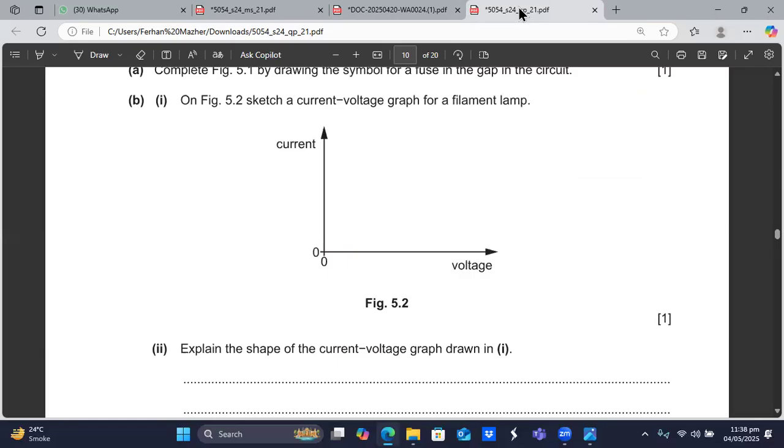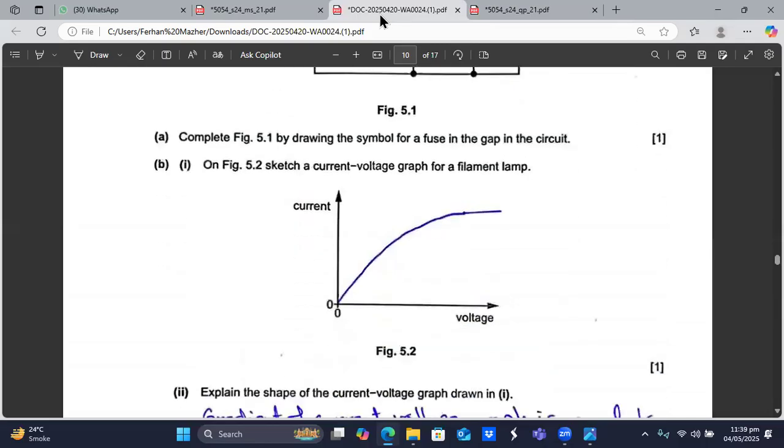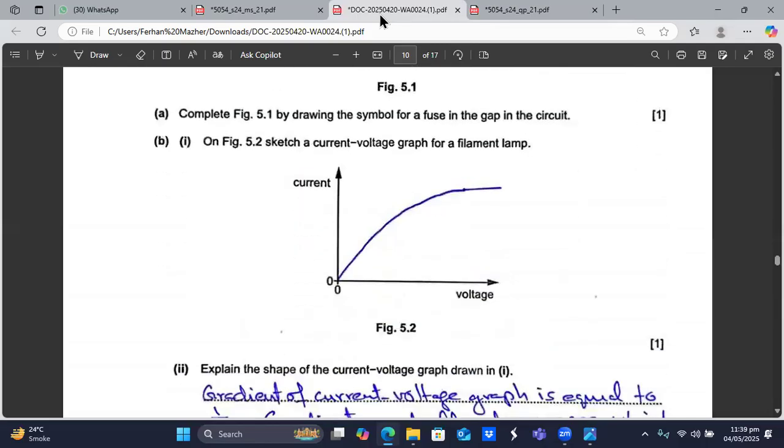So the gradient of the curve will gradually decrease, because the resistance of the filament lamp increases with the increase in the voltage and the current. The gradient of this graph represents the reciprocal of the resistance, so that's why the gradient should gradually decrease. So you will draw a graph of this shape.